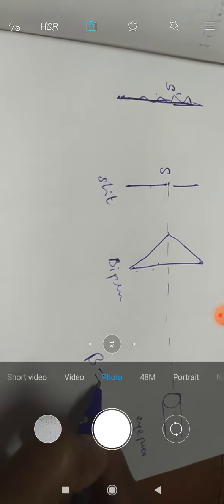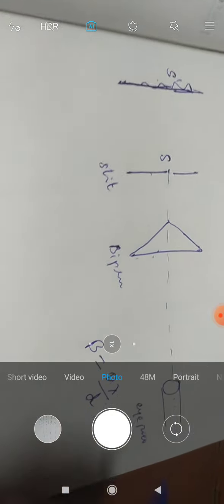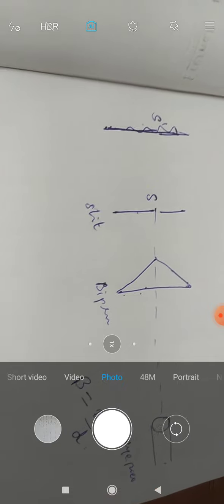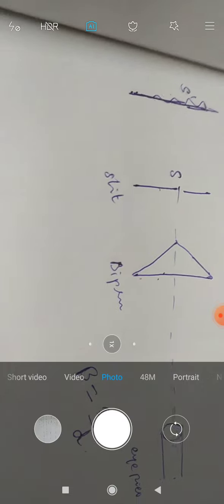We already discussed that beta equals lambda D by d, where D is the distance between the slit and the screen, lambda is the wavelength of light used, and small d is the distance between the slits. This expression we adopt from Young's double slit experiment.